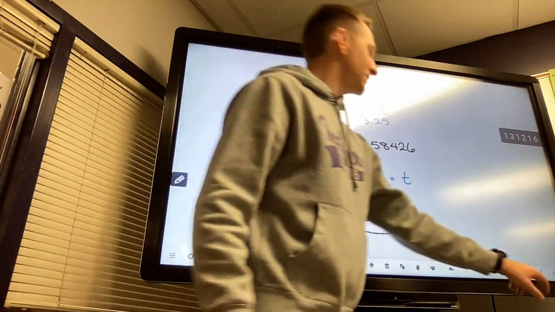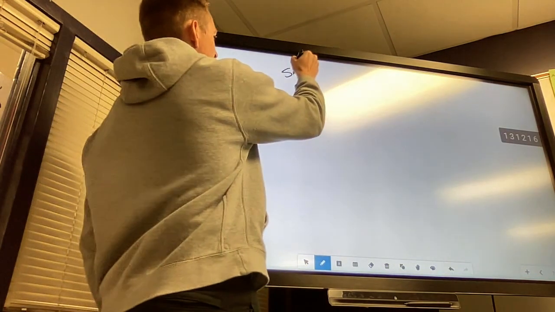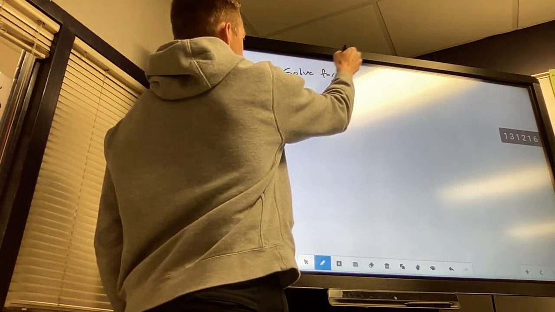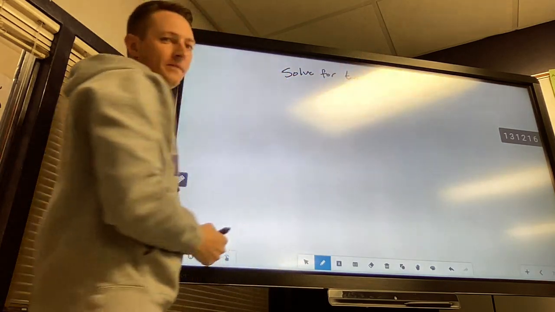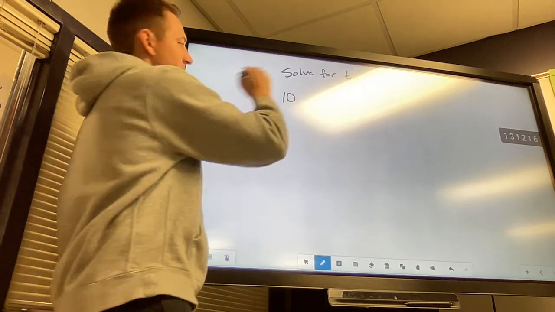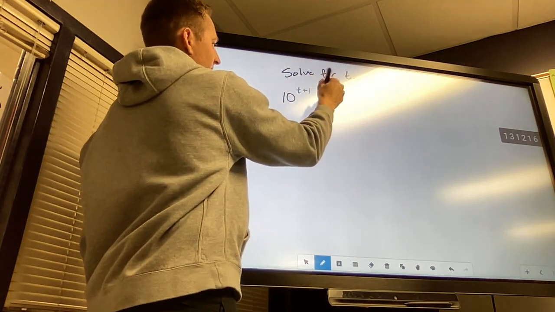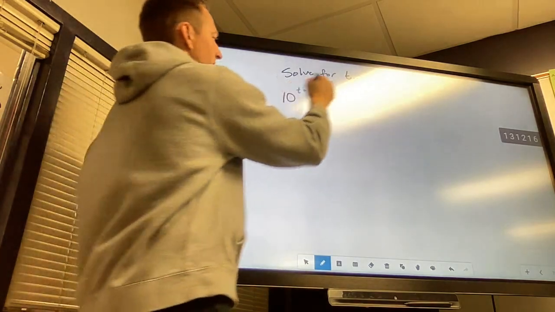So we're going to do one more that's very similar. We're going to solve for t again. But this time we have a base of 10, and then our exponent is t plus 1, and that's going to equal 57.